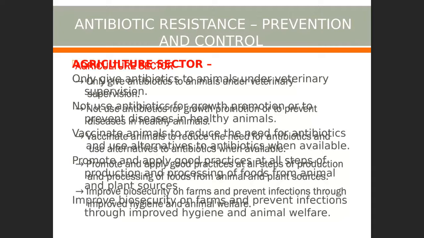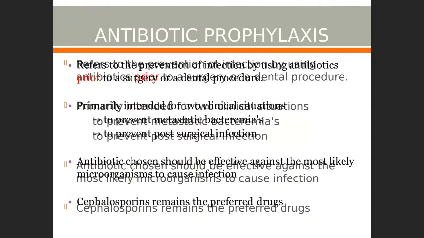Next, we will see a small, brief overview about antibiotic prophylaxis. Now, prophylaxis, you know that in such cases antibiotics are prescribed prior to the development of bacterial infection, right? So prior to any surgery or any dental procedure, mostly doctors prescribe antibiotics.